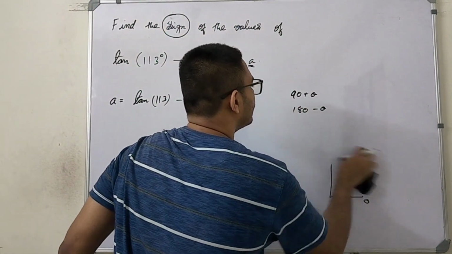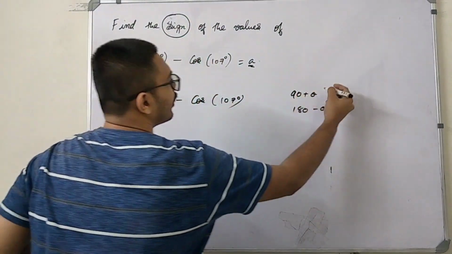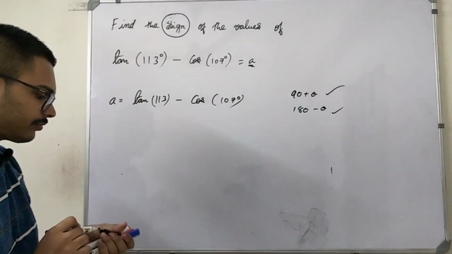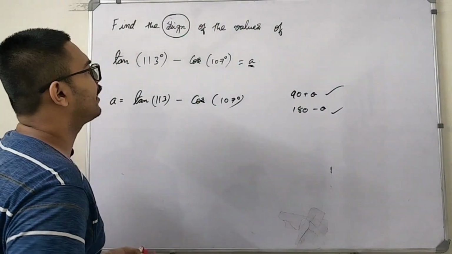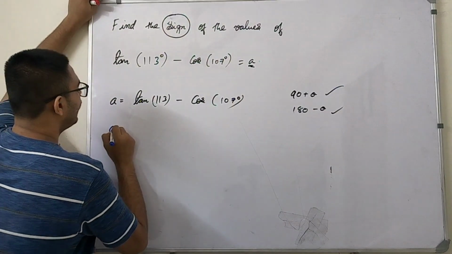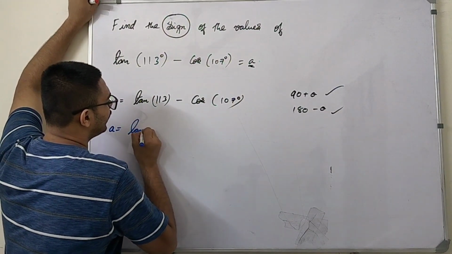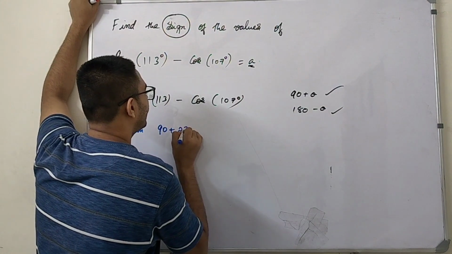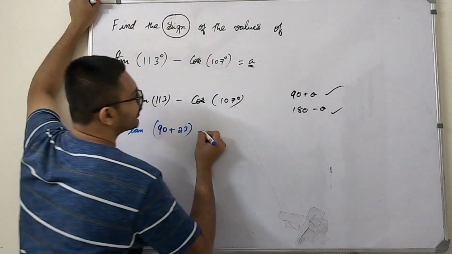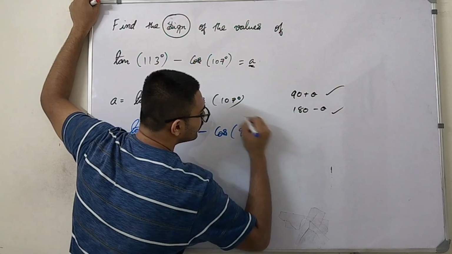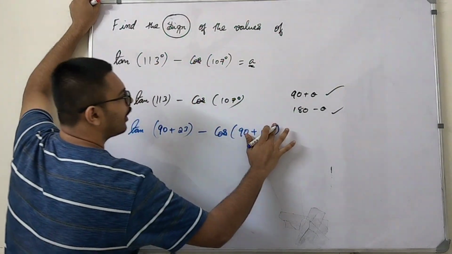We can write these angles in either one of these forms. I am showing both. First of all, we can write it in the form of 90 plus theta. A equal to tan 113 degrees is equal to tan of 90 plus 23 degrees, minus cos 107 degrees, which is cos of 90 plus 17 degrees.